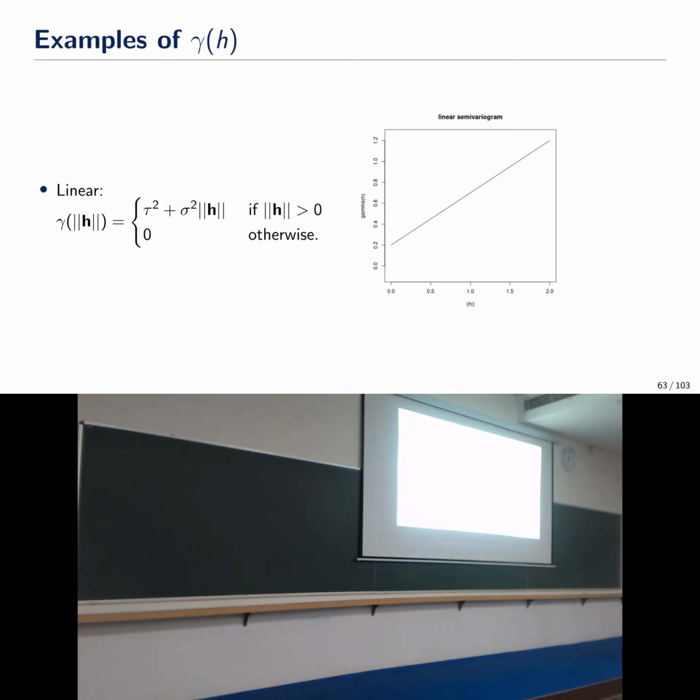But here we see something. Of course at 0 it has to be 0, but it is not right continuous. If I go from this direction, there is a jump, and that jump is characterized by this eta square, which we call the nugget.